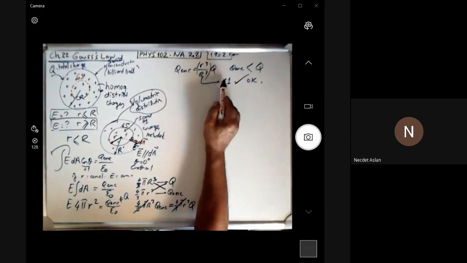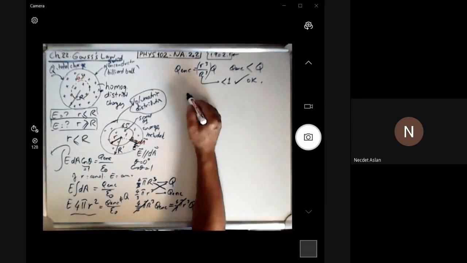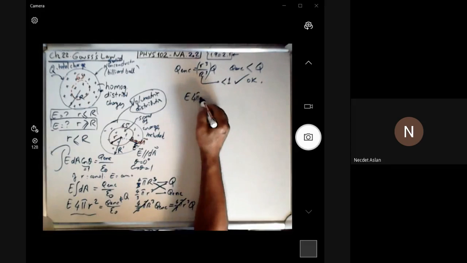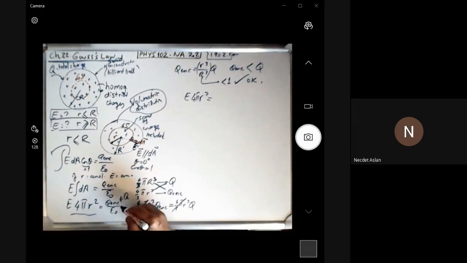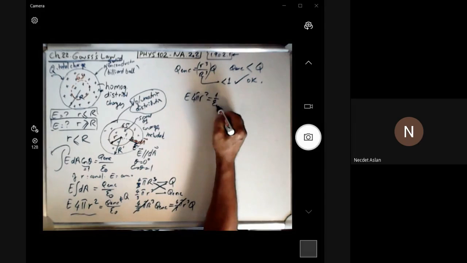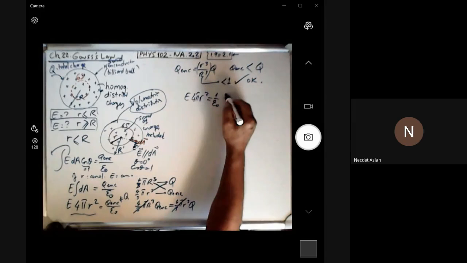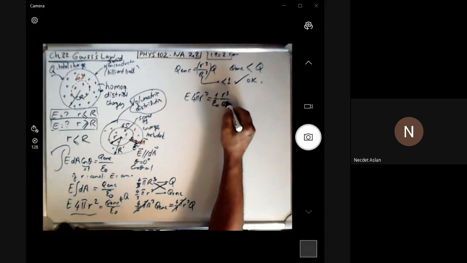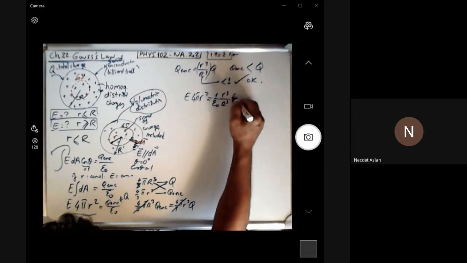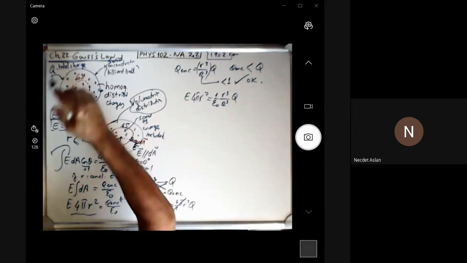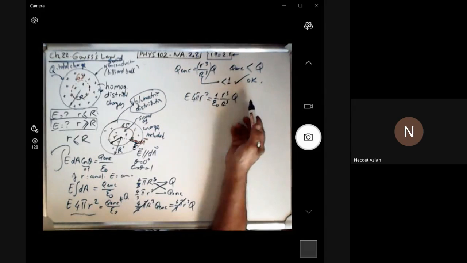So now when we put this into this expression, E times 4 pi r squared will be equal to Q enclosed over epsilon 0. Let's put the epsilon 0 there. And now Q enclosed is just r cubed over capital R cubed times Q, total charge. Now we solve the electric field.